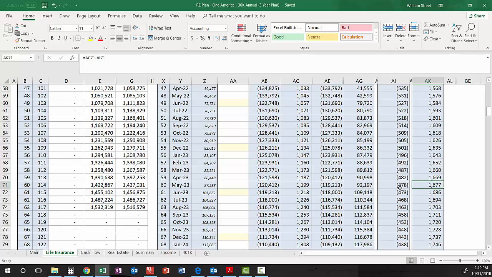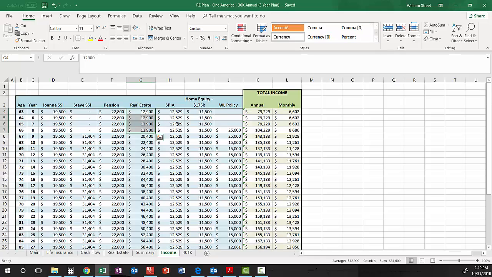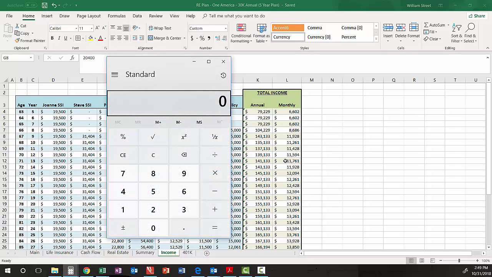The interest is already being paid, so you're treating it almost like an interest-only loan. The interest is covered, but instead of going back and paying back the outstanding loan balance, you're starting to pull that as income. So I used about 20,400 was the number.